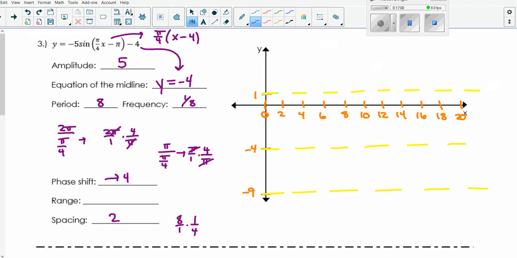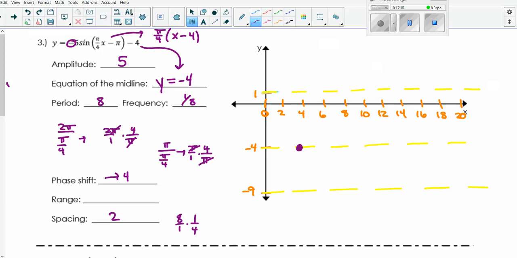Okay. All right, so I need to start on 4, and on that value, we're talking about sine, and sine is always in the middle, so I'm going to be right here. Now it is reflected, so I'm going to make a note here that says reflected. So because it's reflected, instead of going up, I'm going to actually go down. I'm going to count from here.